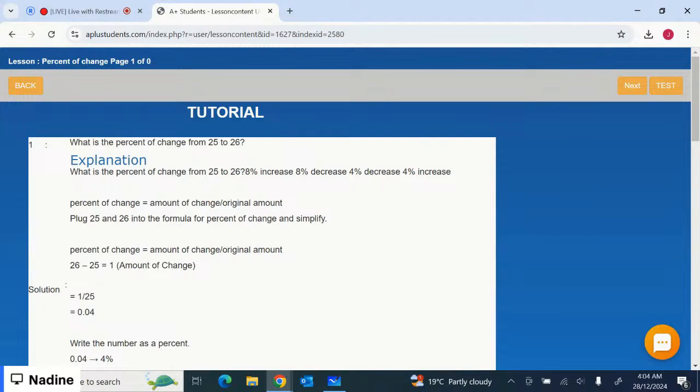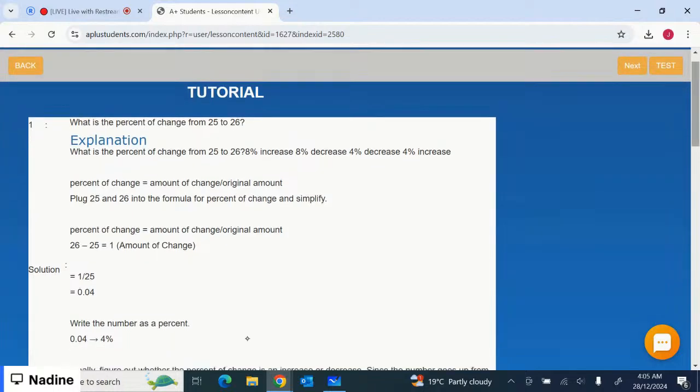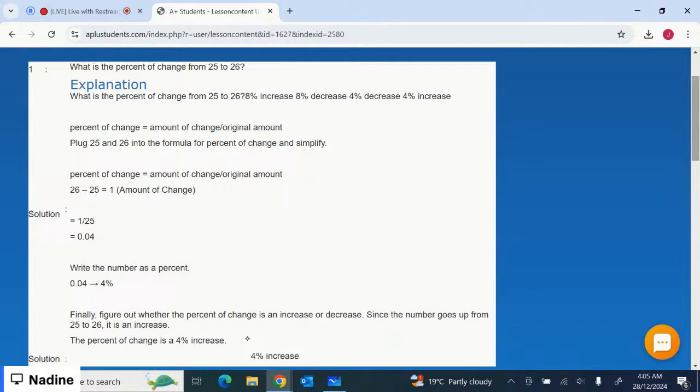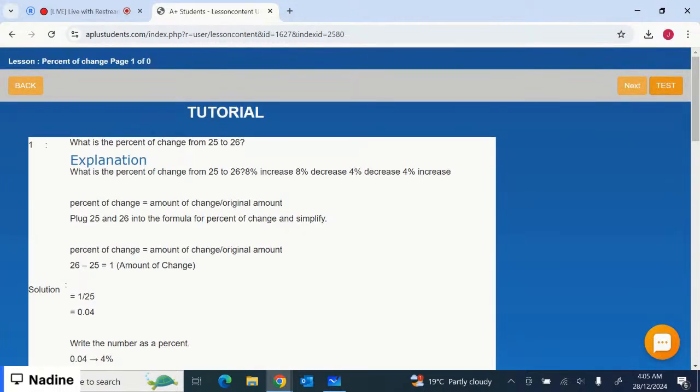So you have to see how the value is increasing. From 25 to 26, that is an increase of 1, and the original value is 25. So you have to divide 1 by 25, that is 0.04. That is a 4% increase. Let's just start with the test questions.